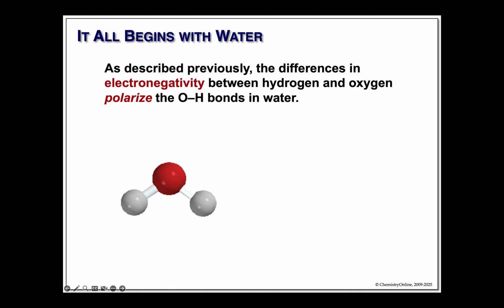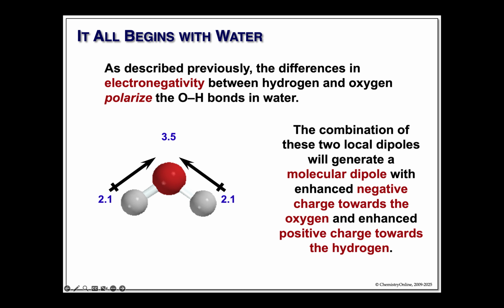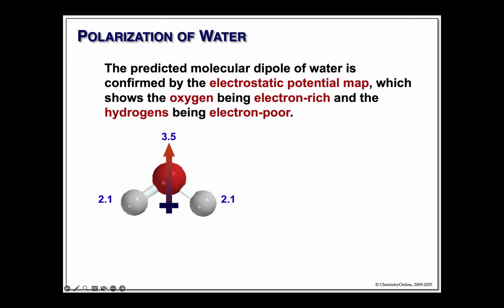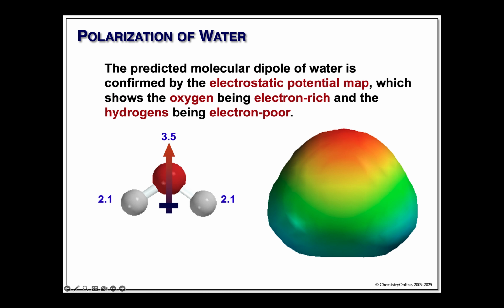All right. We talked about electronegativity. We talked about water. We said that water had two polar bonds that generated a molecular dipole right up the middle. Then we have the bottom part of the molecule here is electron deficient. The top part by the oxygen is electron rich.